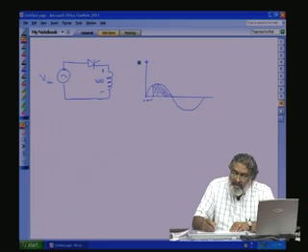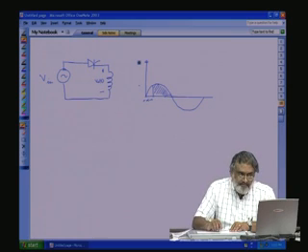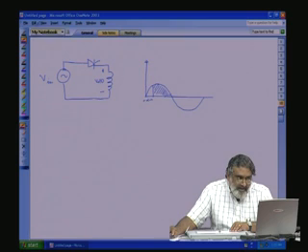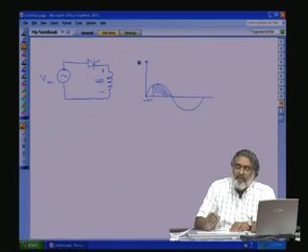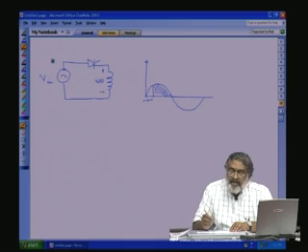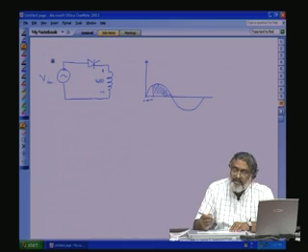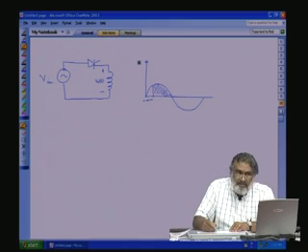But in this case, what will happen? The current waveform will start at this point, because current through the inductance cannot change instantaneously. So, the current will vary like this.